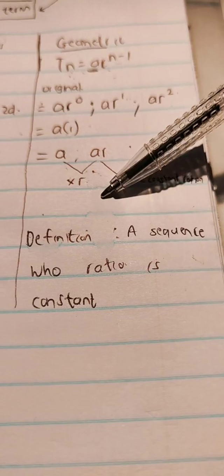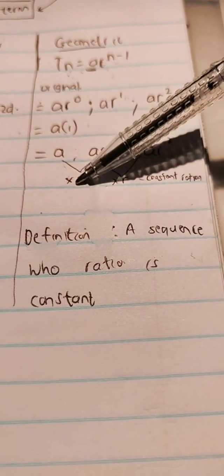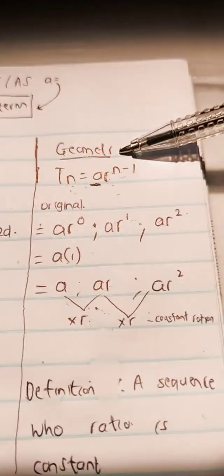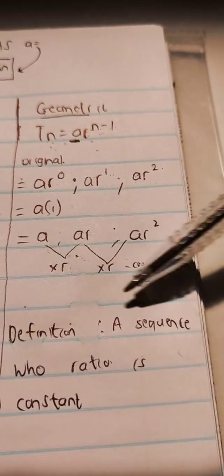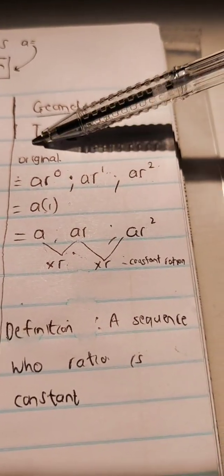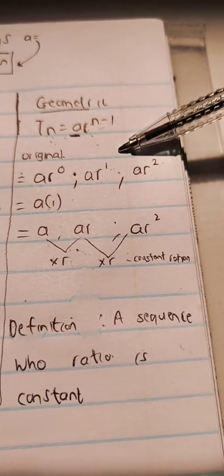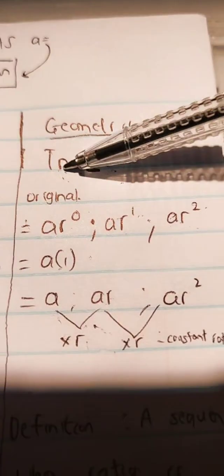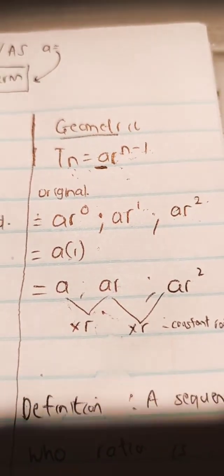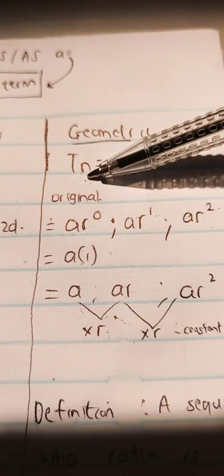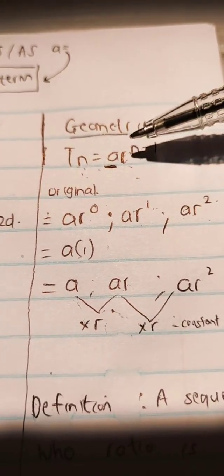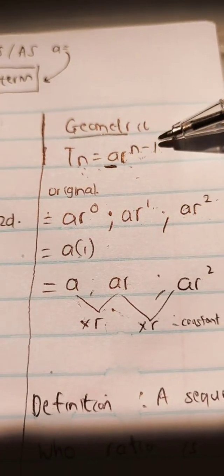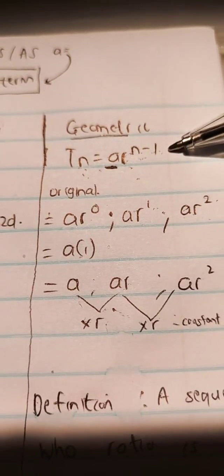In order to get the next term, we have to multiply by the constant ratio where a geometric sequence is concerned. I'm just explaining your geometric sequence from the stance of your general term. This is the general term of a geometric sequence: Tn is equal to AR to the power n minus 1.